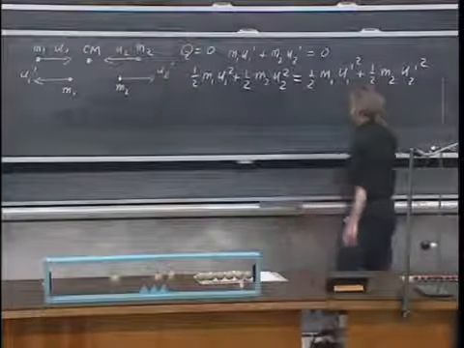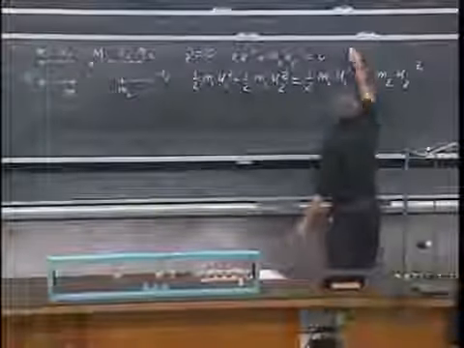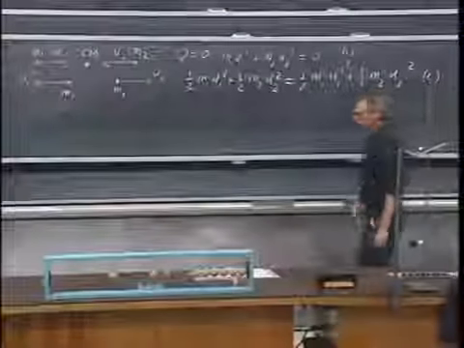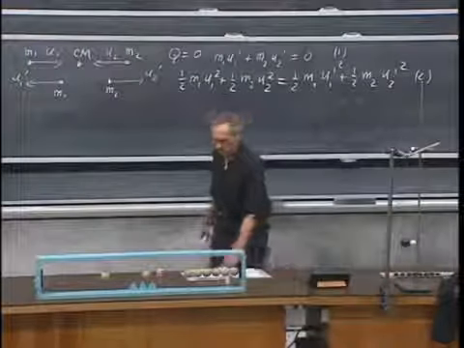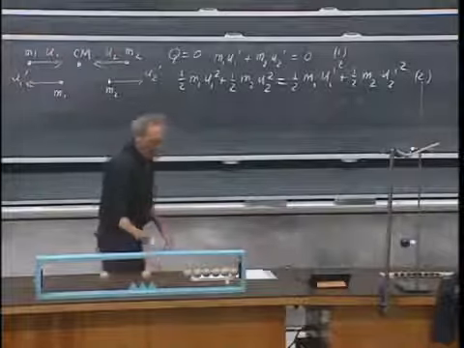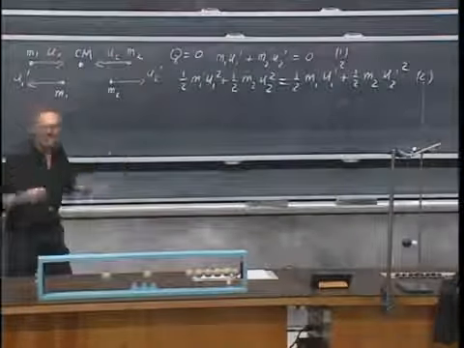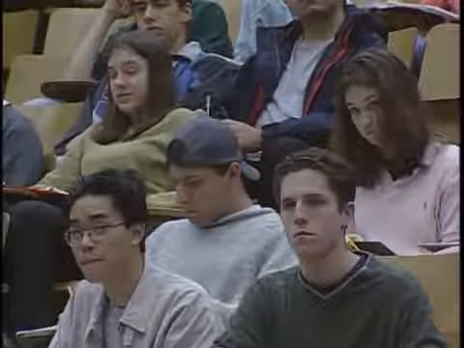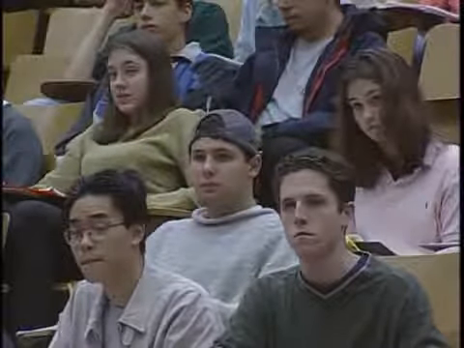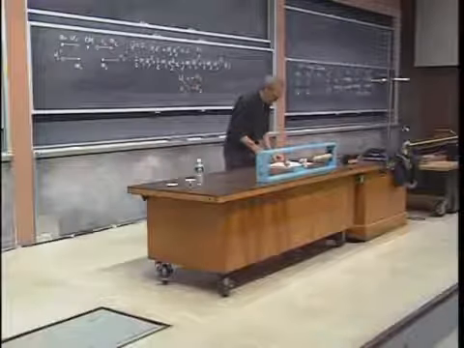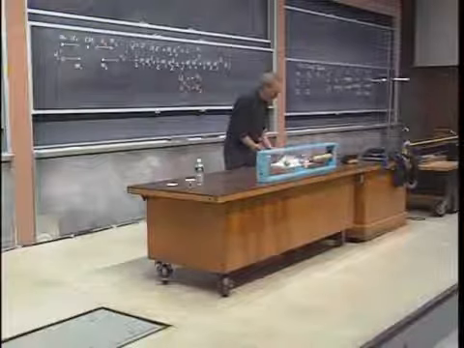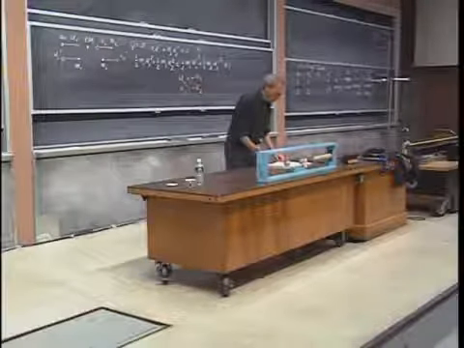Kinetic energy before, kinetic energy afterwards. Equation 1, equation 2. Nature can solve that quicker than we can, and the result is amazing. The result in the center of mass: the velocities reverse directions, but the speeds remain the same. And that is a remarkable result.